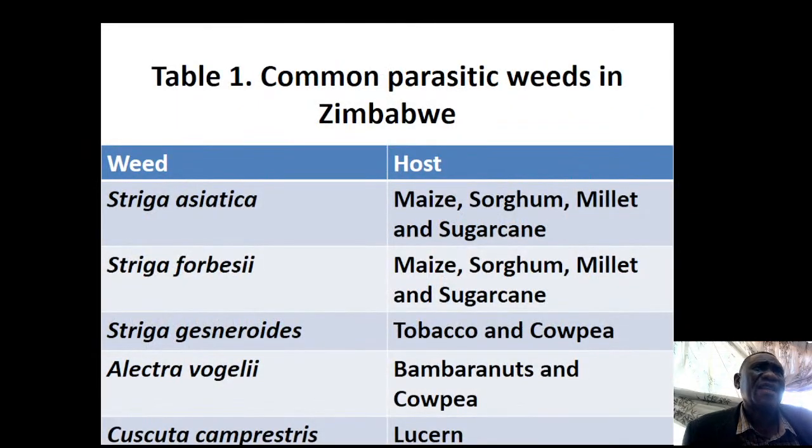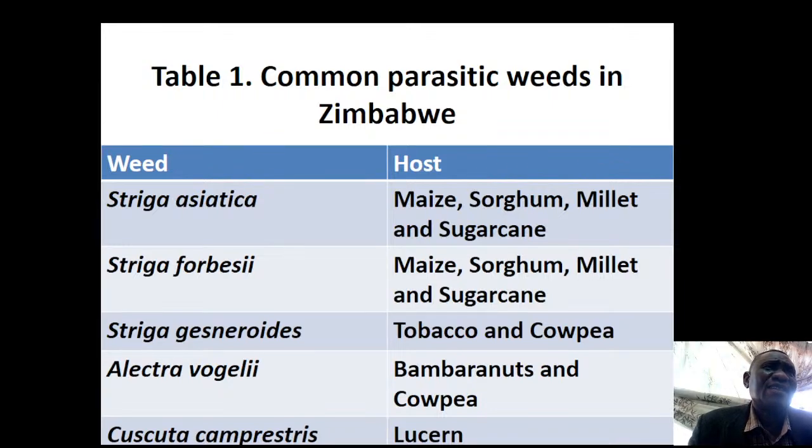In Table 1, we have common parasitic weeds in Zimbabwe. The first one is Striga asiatica. This one can parasitize maize, sorghum, millet, and sugarcane.